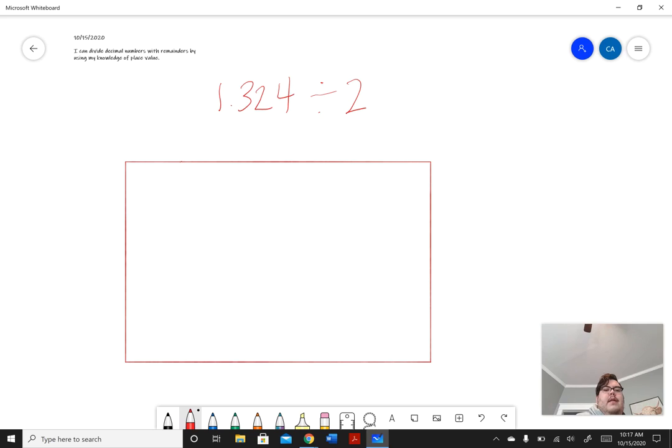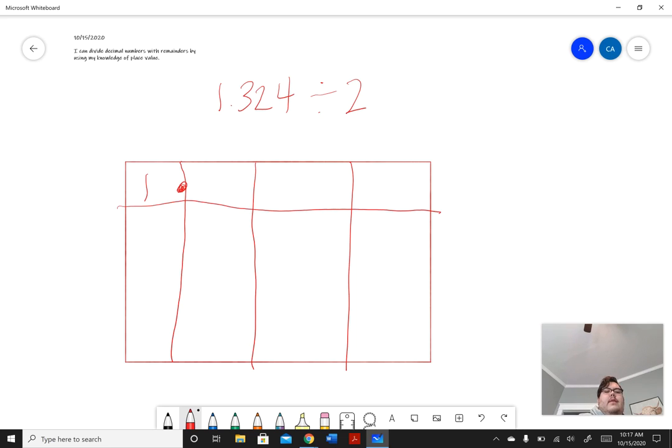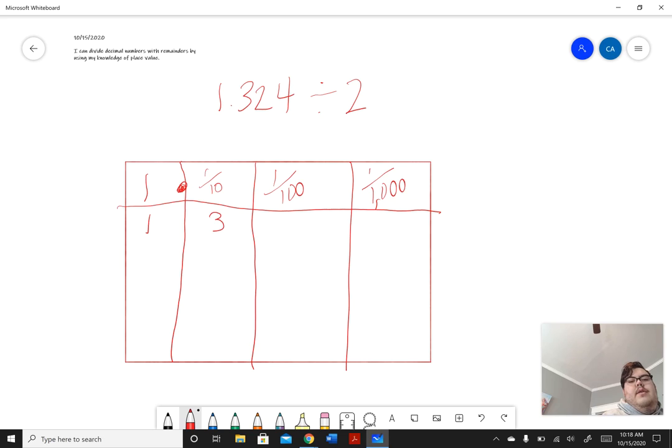Here we have our ones, decimal place, tenths, hundredths, thousandths. All right, and let's put in our numbers here. We have 1, 3, 2, 4. All right, we're dividing by 2.